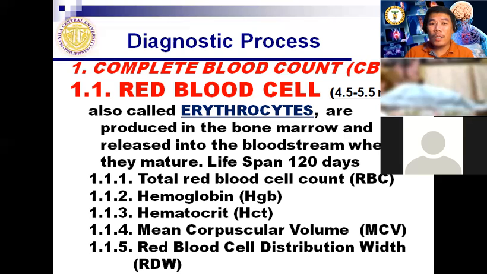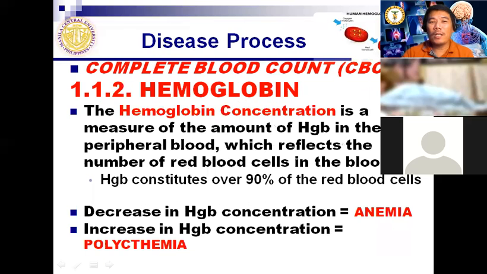The mean corpuscular volume is the relationship between the volume and the size of the red blood cell. The red blood cell is determined as an average volume, in association with the size of the red blood cell. Now, we have discussed that if there's a decrease in hemoglobin concentration, the interpretation is anemia.